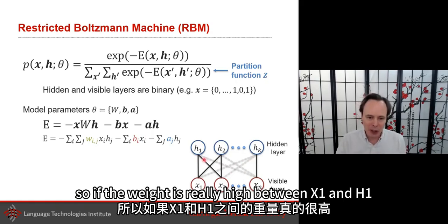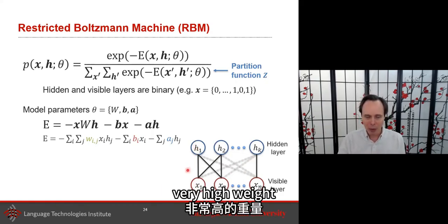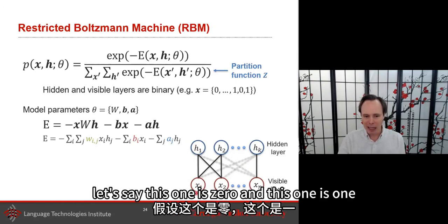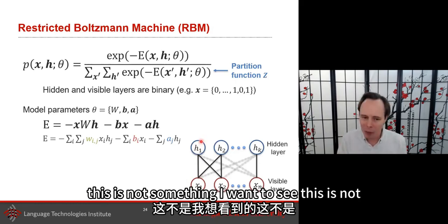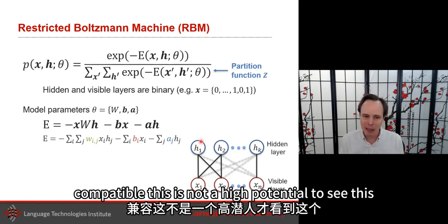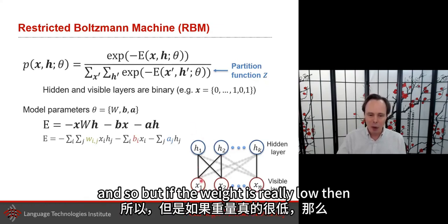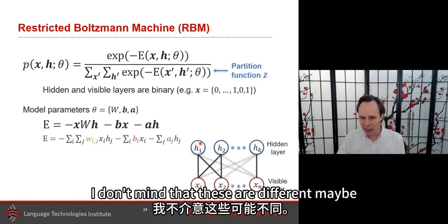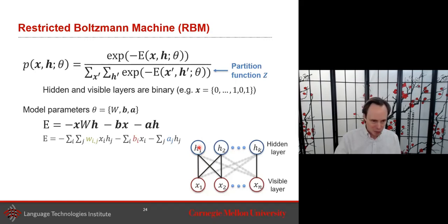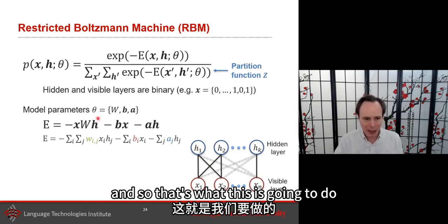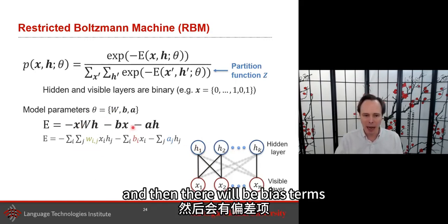So if the weight is very high between X1 and H1, and suddenly this one is 0 and this one is 1, this is not something I want to see. This is not compatible. It's not a high potential. But if the weight is really low, then I don't mind that these are different, maybe. That's what this is going to do. And then there will be bias terms.